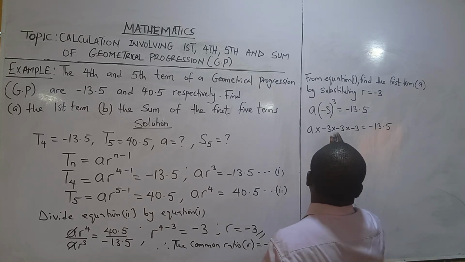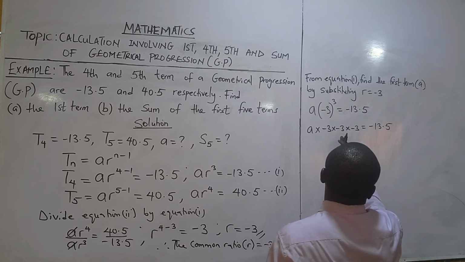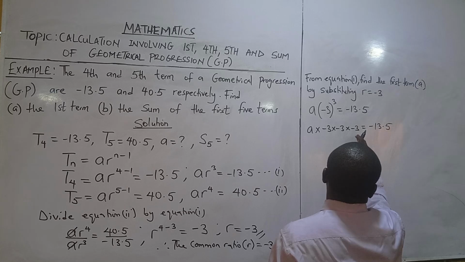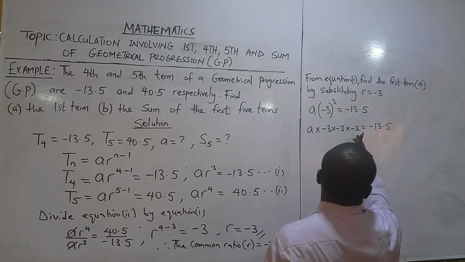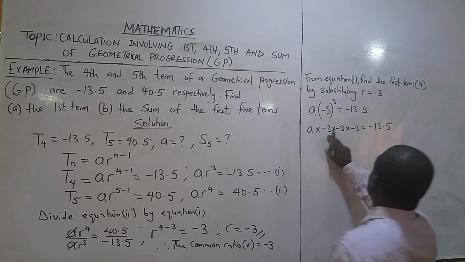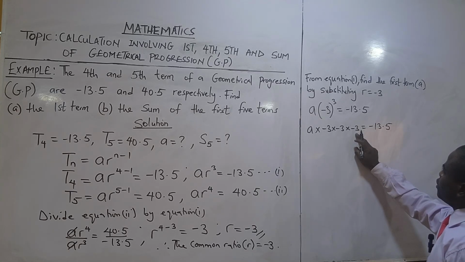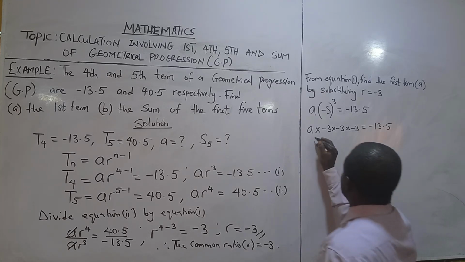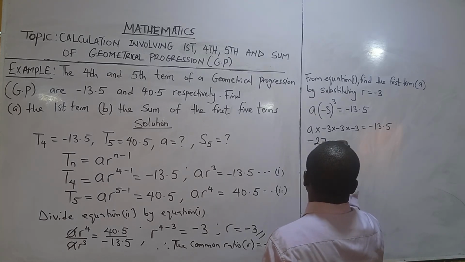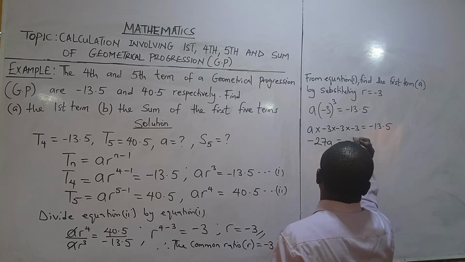Minus 3 times minus 3 is 9. 9 times minus 3 is minus 27. Minus 27a equals minus 13.5.